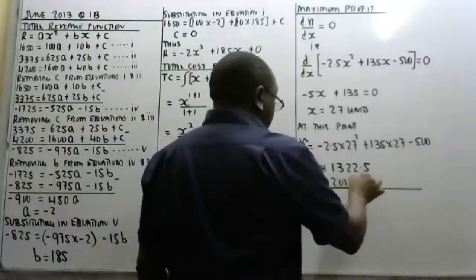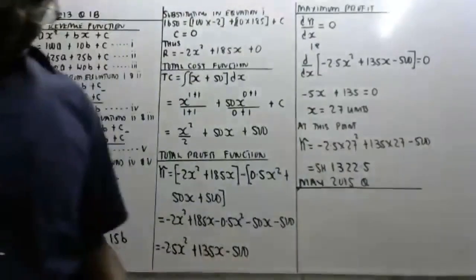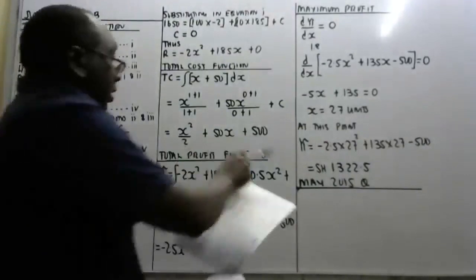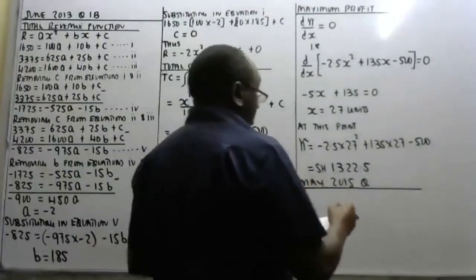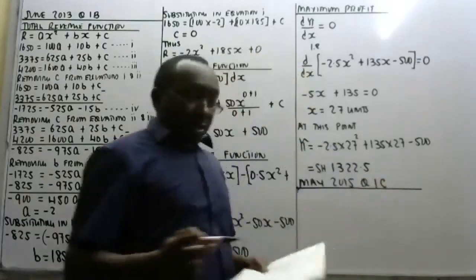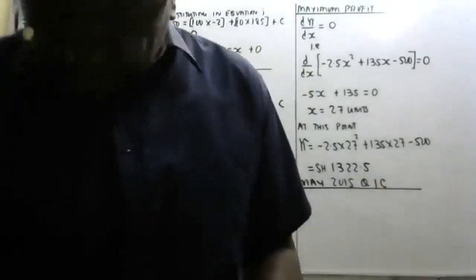May 2015. Question number 1C is on page 43 in our past papers.